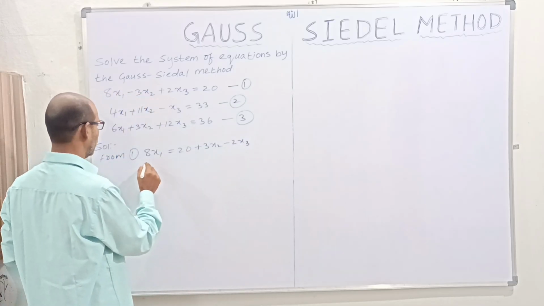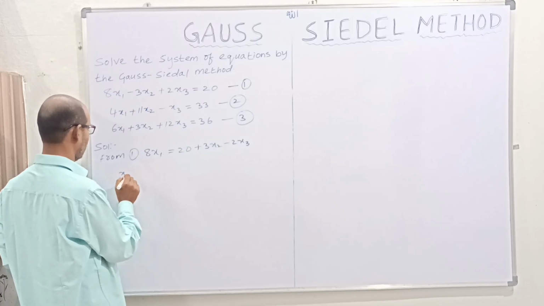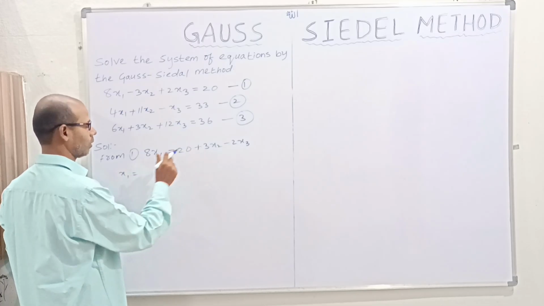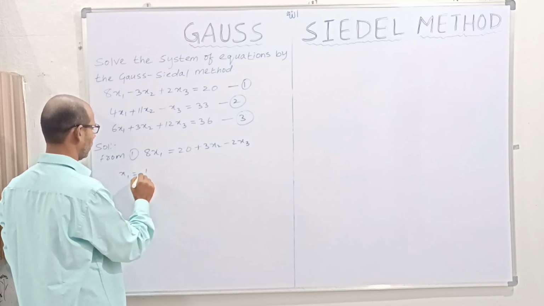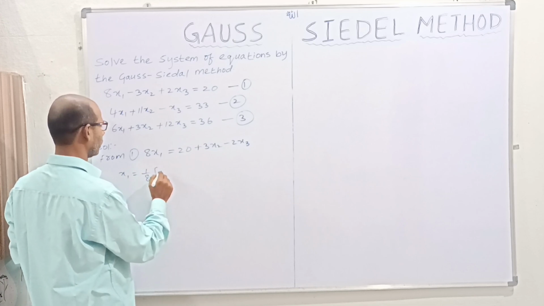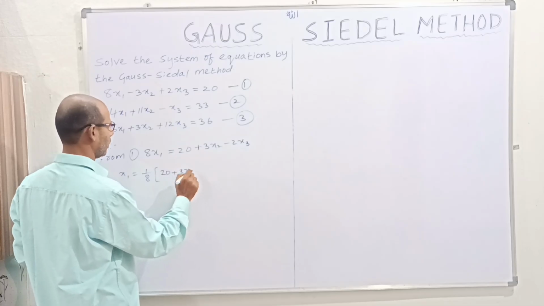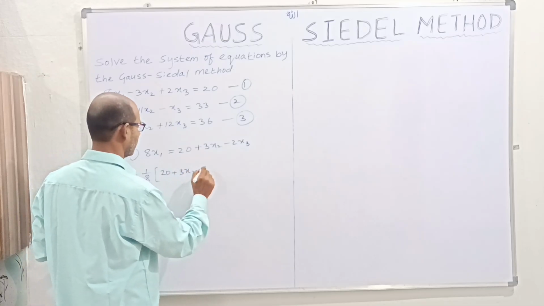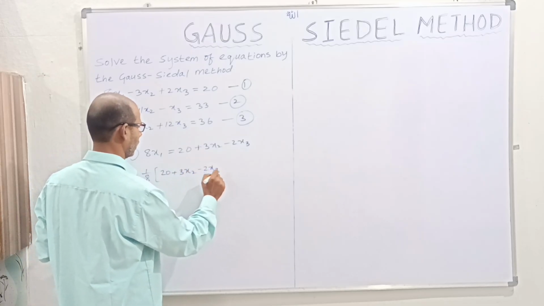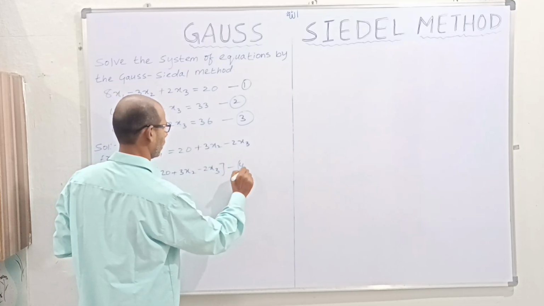To get x1, I will divide by 8. So x1 is equal to 1 by 8 into (20 plus 3x2 minus 2x3). So this is number 4.